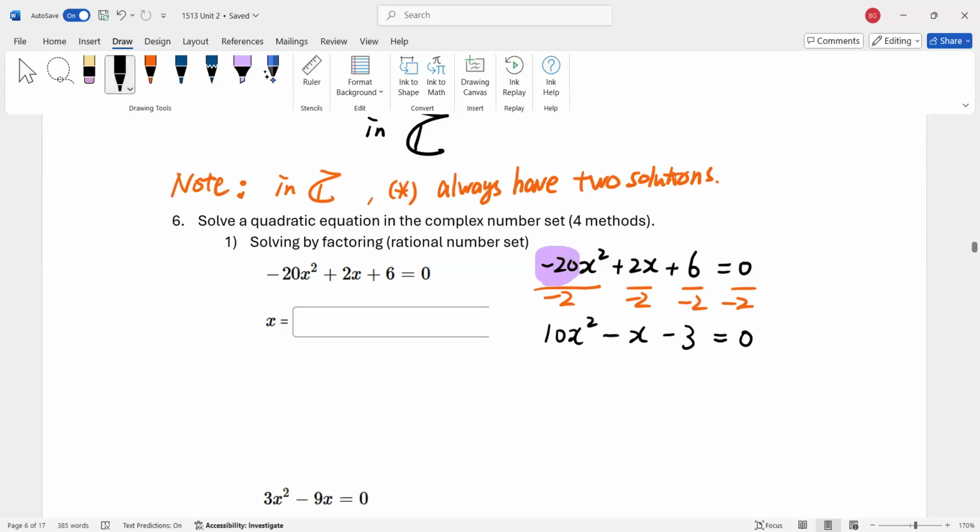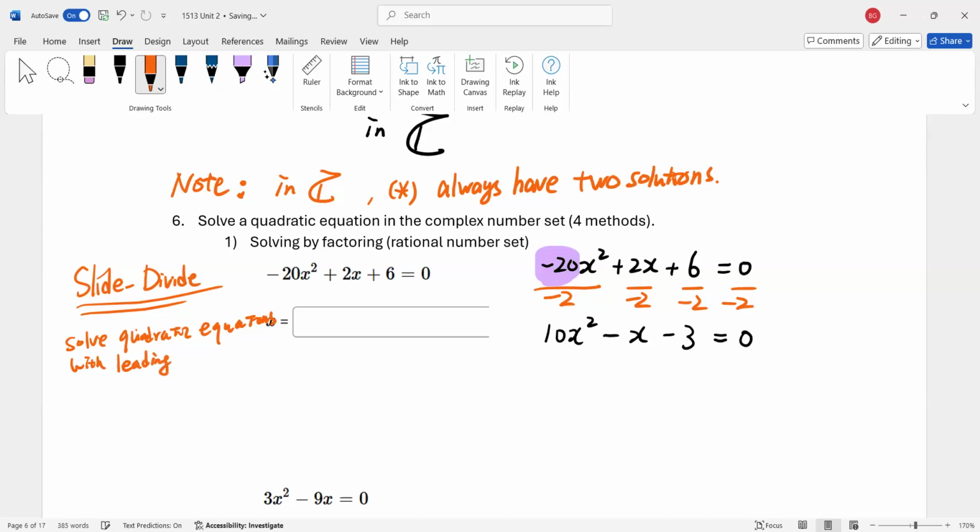I use the slide divide method to solve quadratic equations with leading coefficient different from 1 in the rational number set.